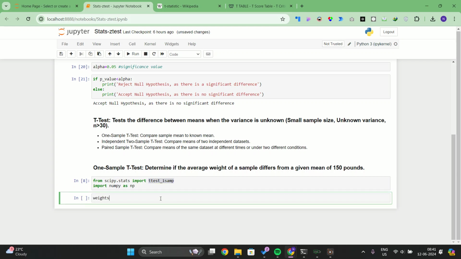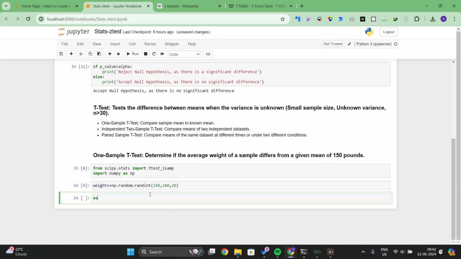Now let's get into weights of individuals. I'm going to keep the average about 140 and the highest around 175 or 180, with about a 20 sample size.